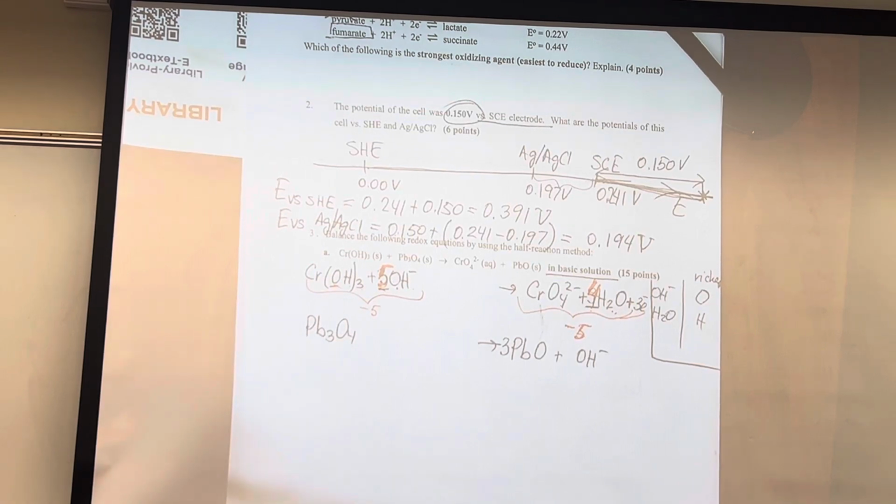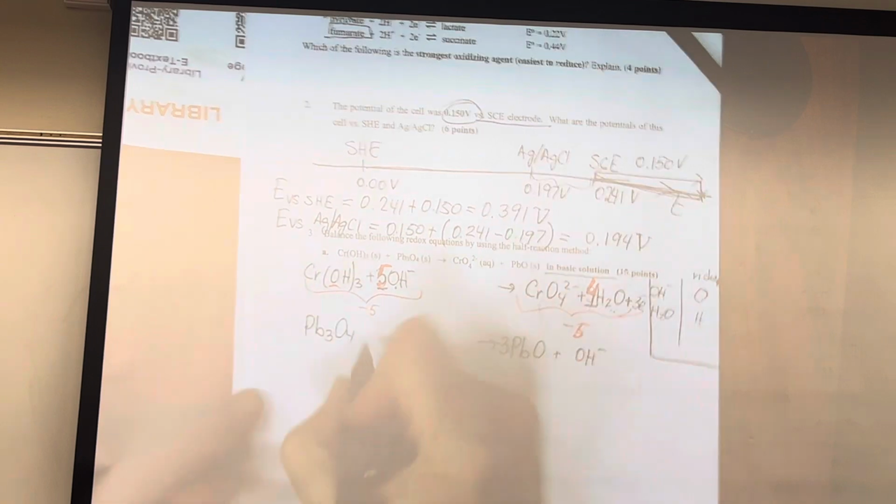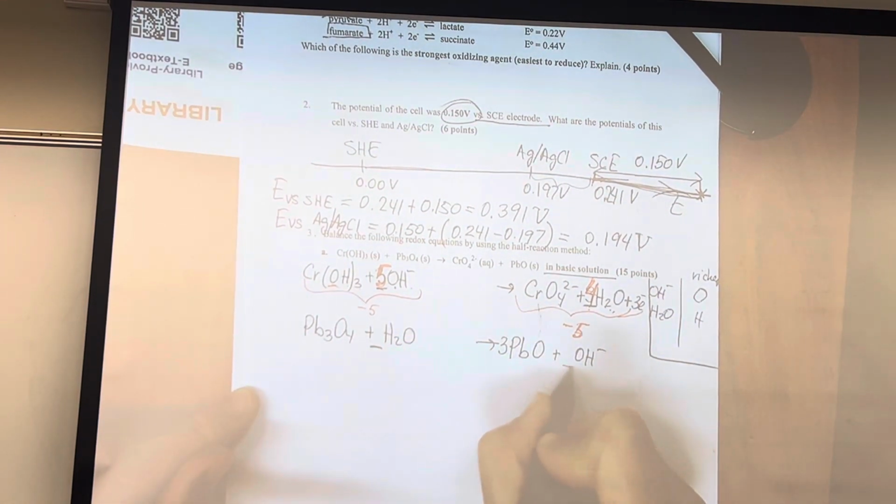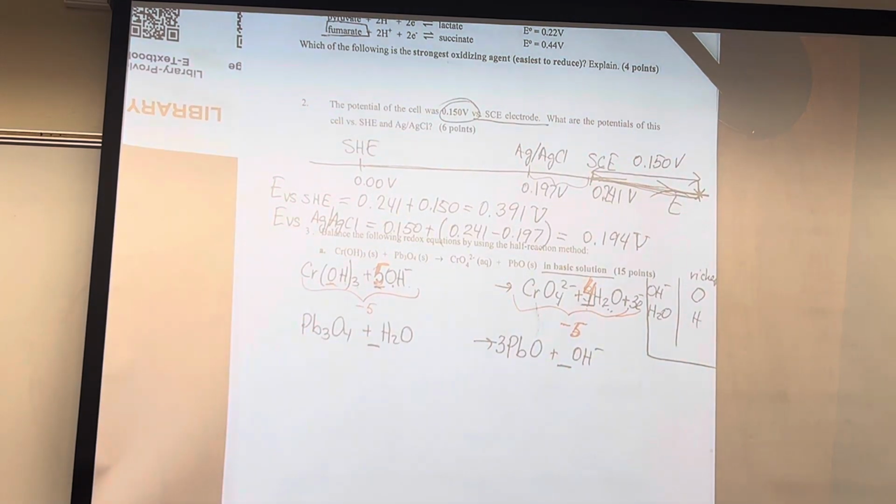And how many? That would be a good question. And whenever we added OH minus, we added H to the right. So water should be on the left. So once again, we need to play with these coefficients.